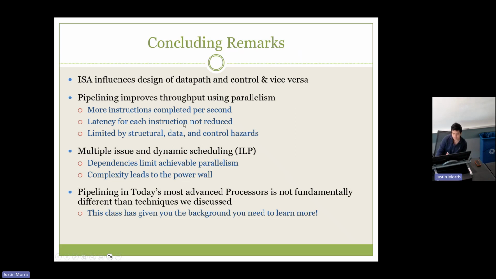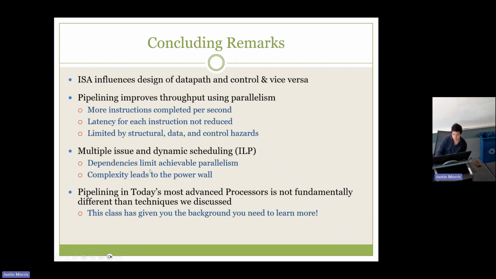The latency for each instruction is not reduced. Because of the pipeline registers, it's actually increased slightly. So we are limited by structural, data, and control hazards that the pipeline handles. And then with multiple issue, dynamic scheduling, we can take advantage of this instruction level parallelism.